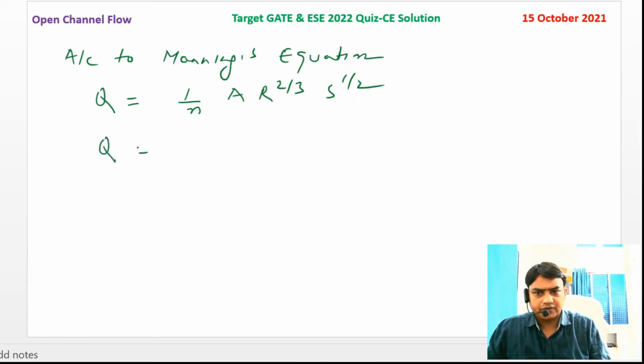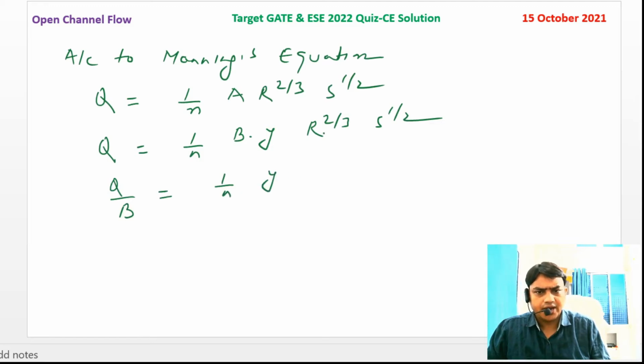For a rectangular channel, the area can be written as B into Y. So Q by B is equal to 1 by N Y, and the hydraulic radius in a wide rectangular channel is Y, to the power 2 by 3 S to the power half.